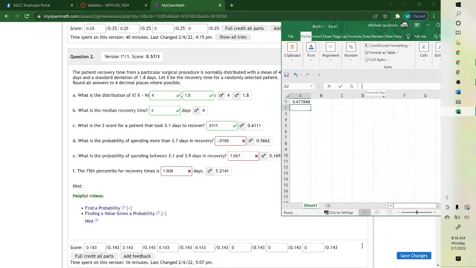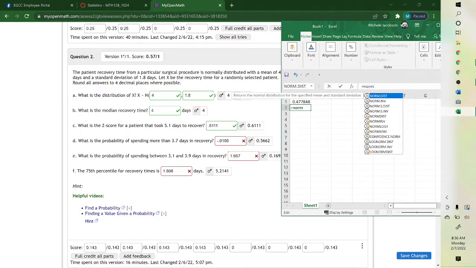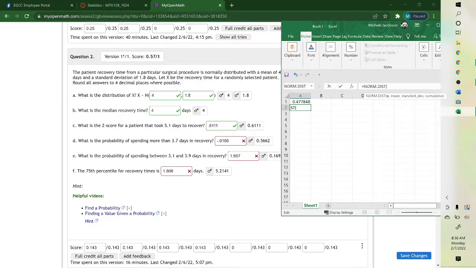Now we need to do the exact same thing, equals norm for the 3.1. 3.1, comma, 4, comma, 1.8, comma 1. Oops, I didn't click. Make sure that it's a double click. There we go. 3.1, comma 4, comma 1.8, and 1.